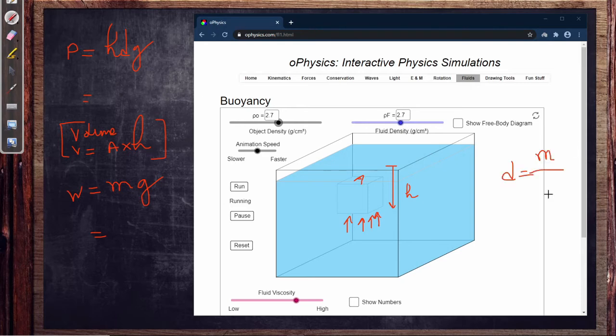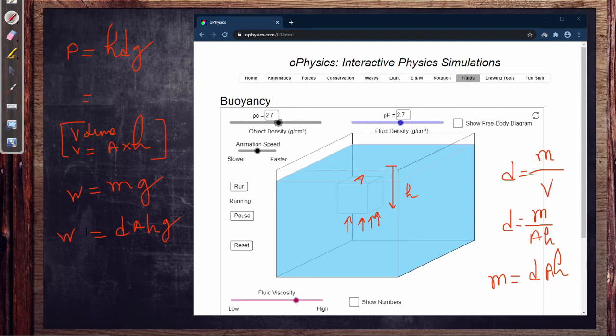Now we know density d equal to mass by volume. So volume we already got there, that is AH. So we can write m equal to dAh, or dV if you want. So instead of m we are writing over here dAh and g also, that is equal to W.